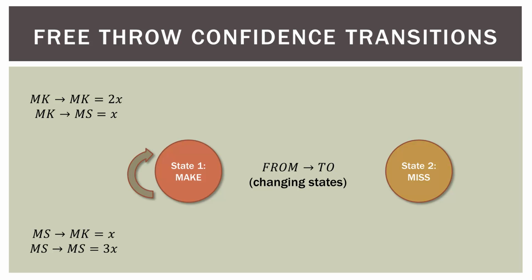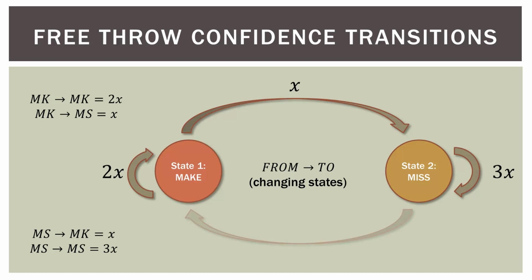So if we make the first shot and then we make the second one, remember that was 2x, make the first one, miss the second one, that's x, because we're 2 times as likely to make the second one as to miss if we made the first shot. Now if we miss our first shot, we're 3 times as likely to miss again on the second one as to make. So all I did was write in the relative probabilities into our transition diagram.